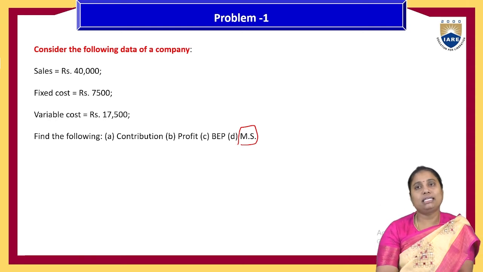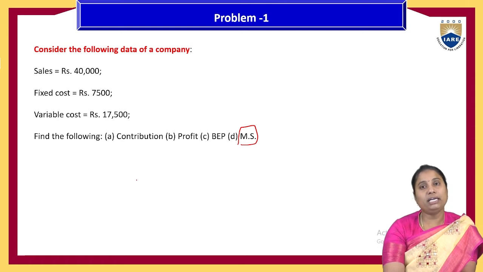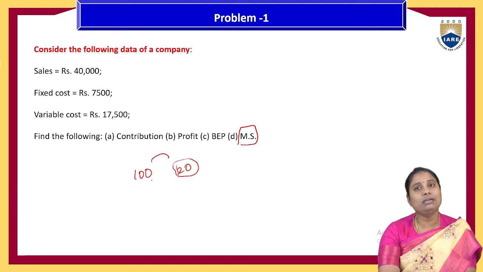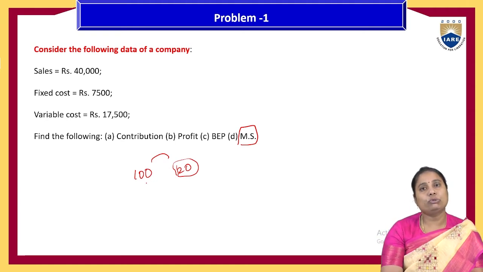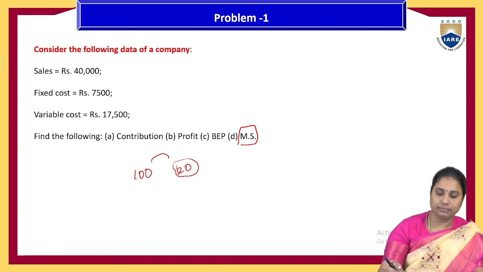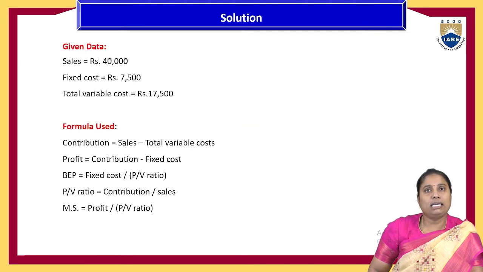For example, if the break-even point is 100 rupees and they have received 120 rupees, they are at a safety of 20 rupees, which is 20 more than the break-even point. So actual sales minus BEP sales is called the margin of safety. From this given data, we need to find these 4 elements.